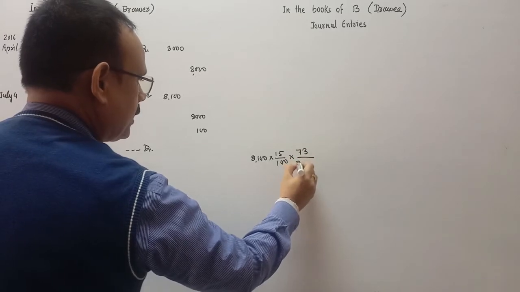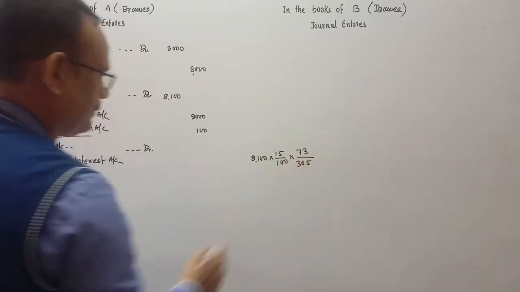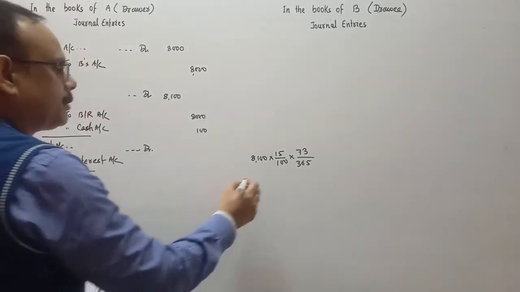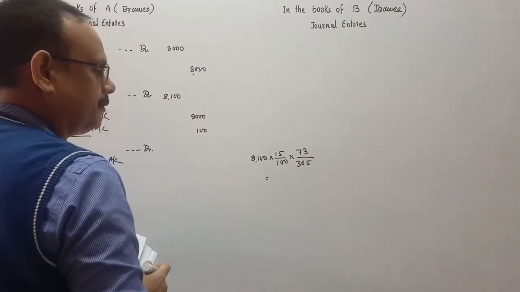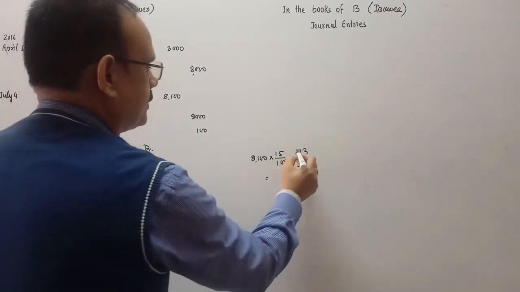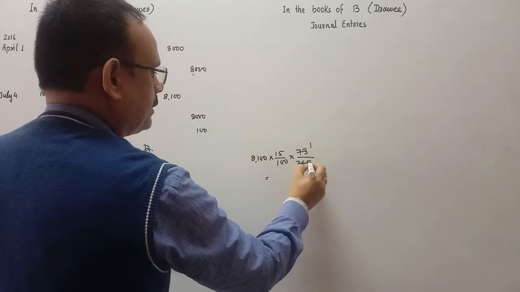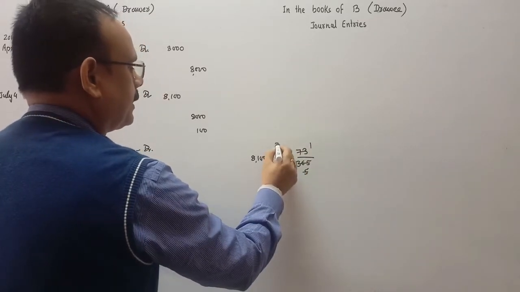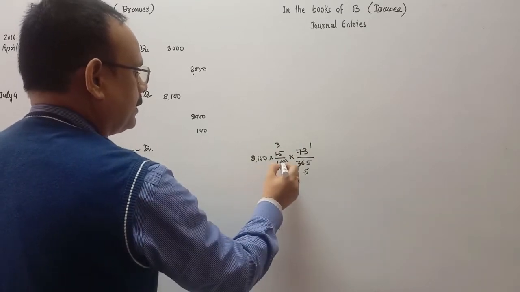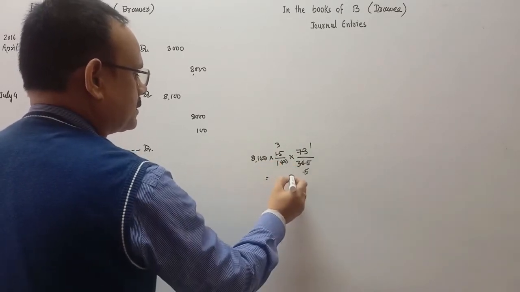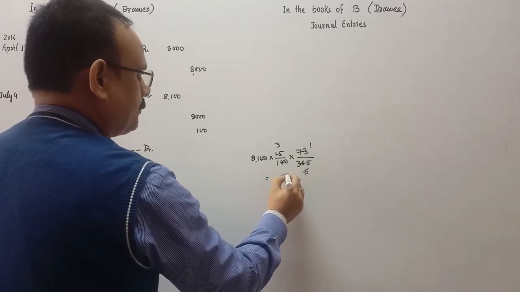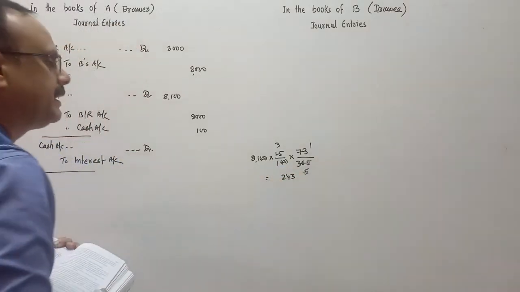So 73 upon 365. So we'll calculate the interest. 243 is the interest.